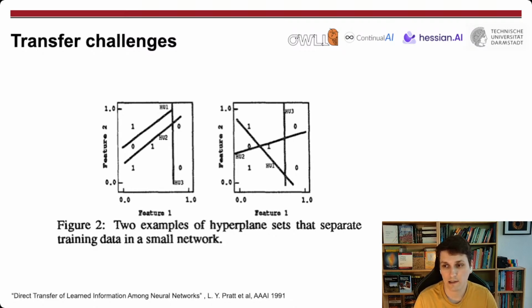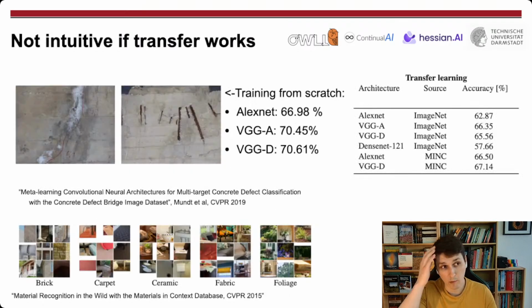So unfortunately, transfer does not only need to be positive, and we've just seen that a little bit in this one diagram, but there is this idea that transfer can also harm. And when we go to deep neural networks, this specific form of harm versus positive transfer, at least to me, is not very intuitive.